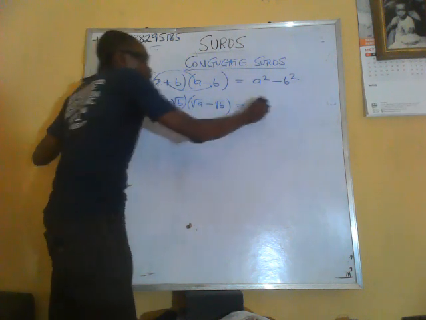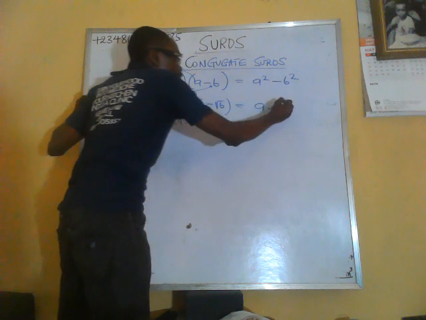So plus times minus gives you minus, and root B times root B gives you B.